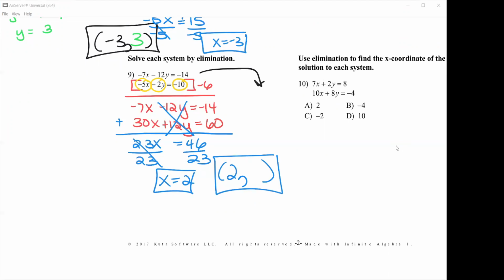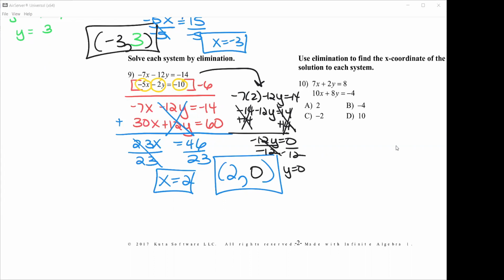It doesn't matter. So I'm going to do the top one. So the -14, positive 14 cancels out. So I have -12y equals 0. And that's okay. You can divide by -12 and you get that y is equal to 0.